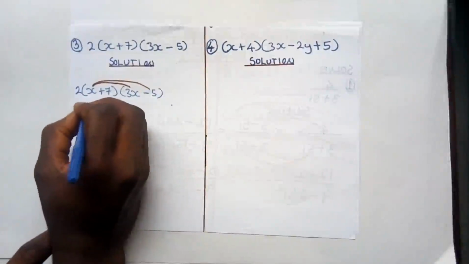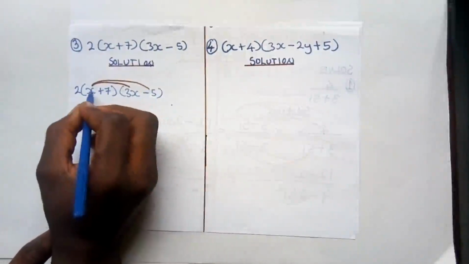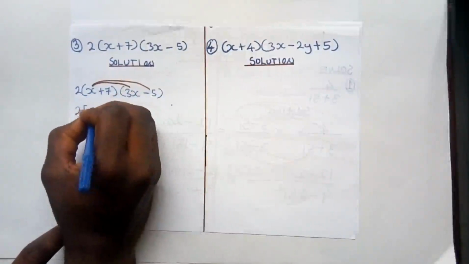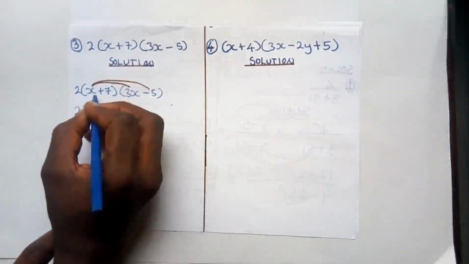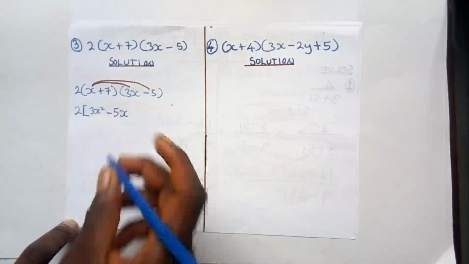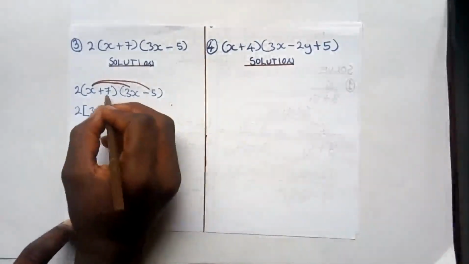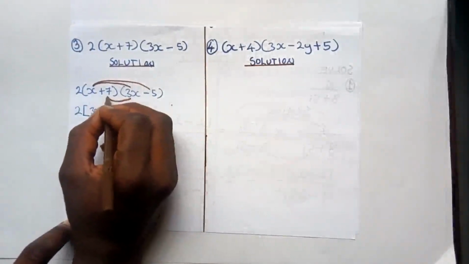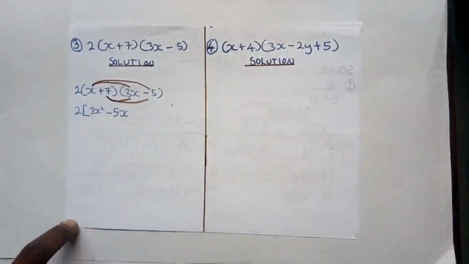So we have 2. We multiply our answer. x multiplied by 3x gives us 3x squared, and x multiplied by minus 5 gives us minus 5x. 7 multiplied by 3x and 7 multiplied by minus 5.